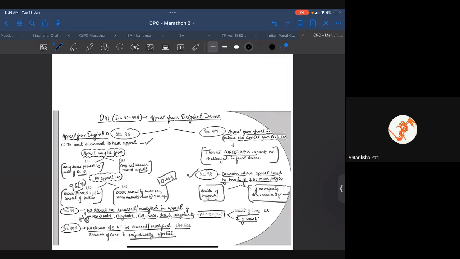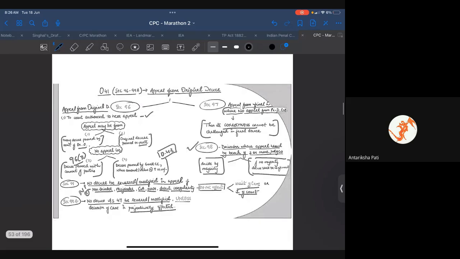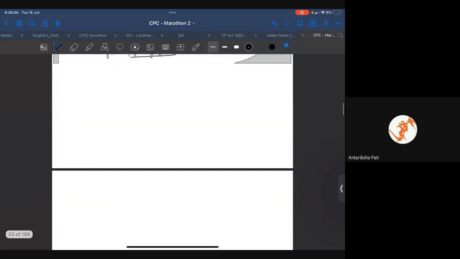It is not to be reversed or modified unless there is a miscarriage of justice or it affects the merits of the case; then only it will be decided, otherwise not. 99A says that no decree under section 47 is to be reversed or modified unless the decision of the case is prejudicially affected. Section 47, that is questions to be determined by the executing court, those cannot be reversed or modified as well.